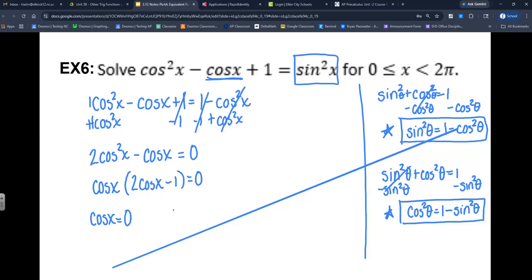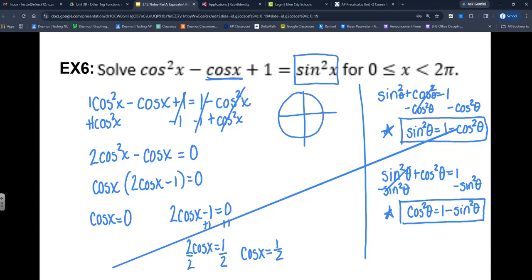That one's ready for the unit circle. 2 cosine x minus 1 equals 0. Add 1 to both sides. 2 cosine x equals 1. Divide by 2. Cosine x equals 1/2. So now we're ready for the unit circle.